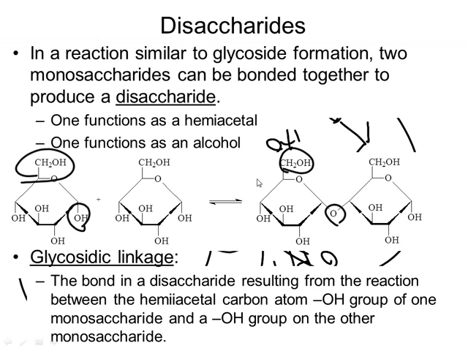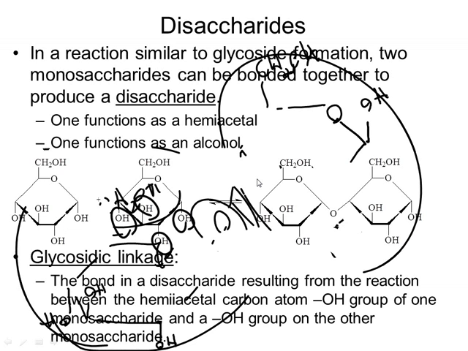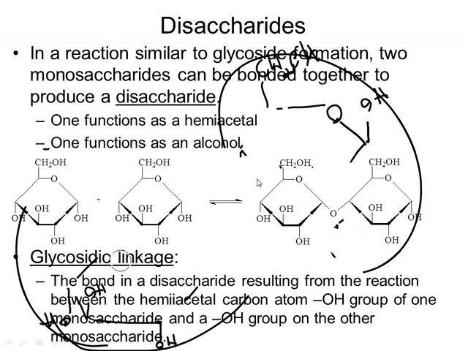It connects the hemiacetal carbon of one monosaccharide to just one hydroxyl group on the other. Now, yes, we could have attached to a lot of different places. There are a lot of different OH groups on here that could be possible sites for making these glycosidic linkages.